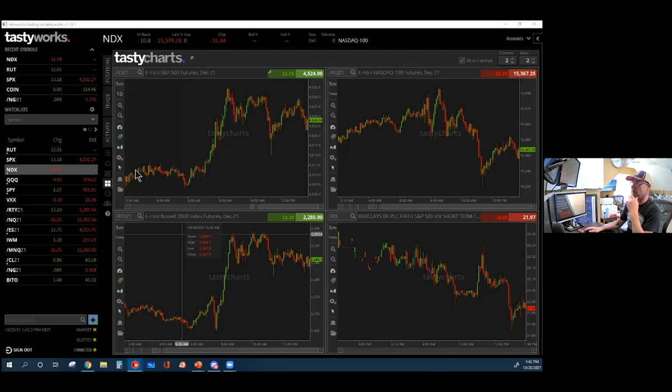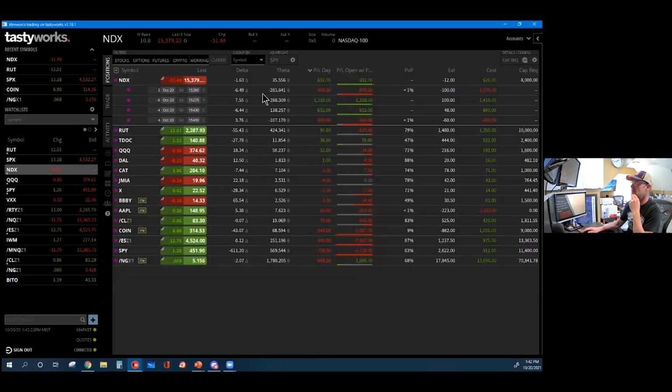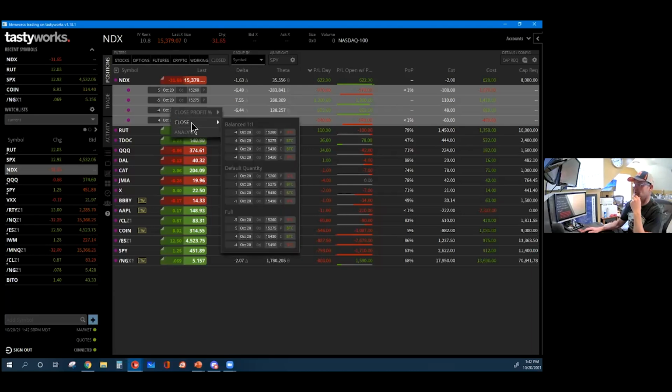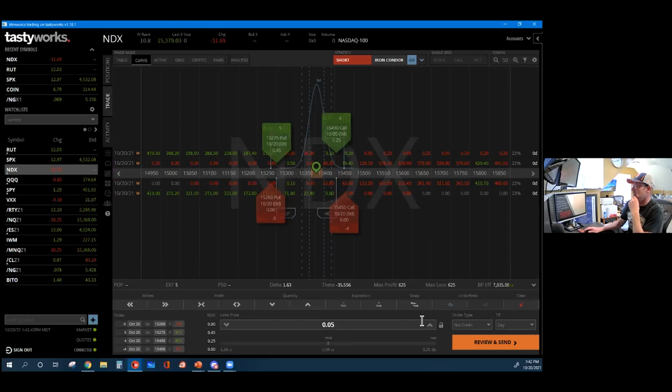And then our NDX trade is basically zeroed out. There is no extrinsic value left in that. But to close it, I don't even know where it would be, probably closer to 20 cents, and it's not a credit, it's a debit.